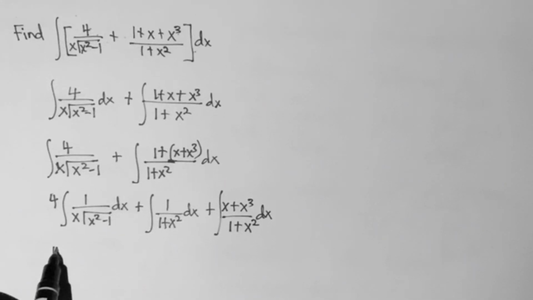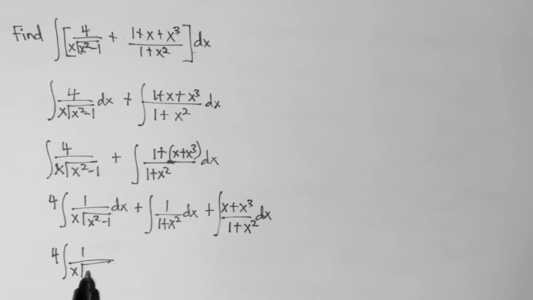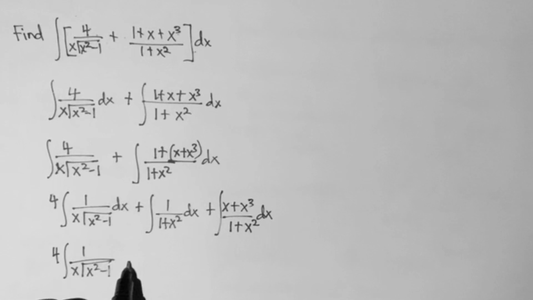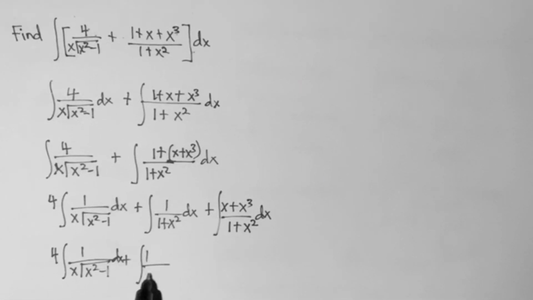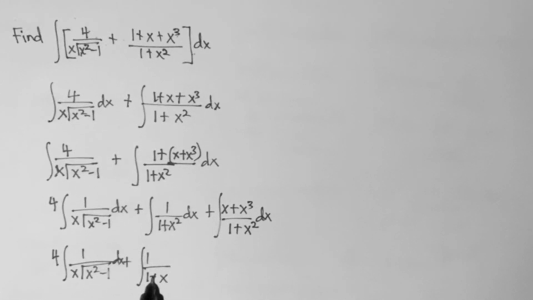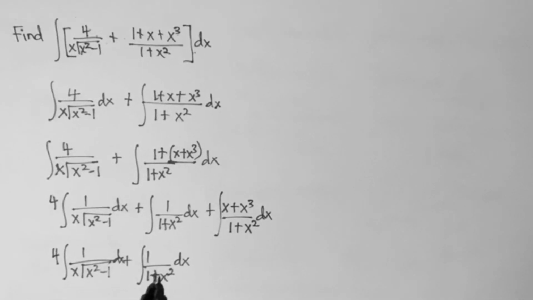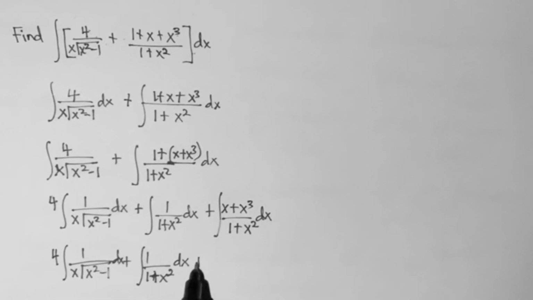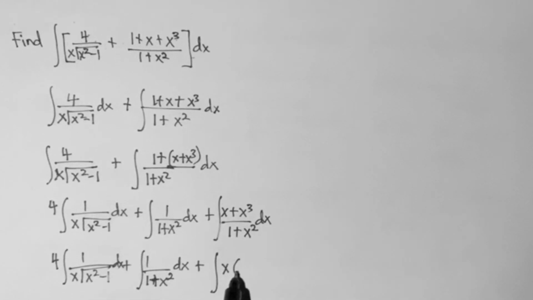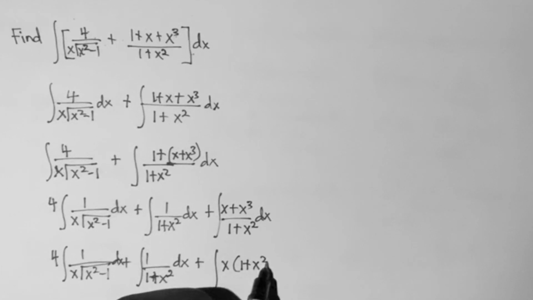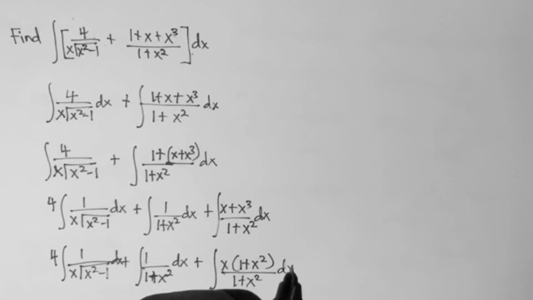So this is equal to 4 integral of 1 divided by x square root of x squared minus 1, then plus the integral of 1 divided by 1 plus x squared dx. Then I'm factorizing x out of this, so plus the integral of x times, if you factorize x, you will have 1 plus x squared divided by 1 plus x squared dx.